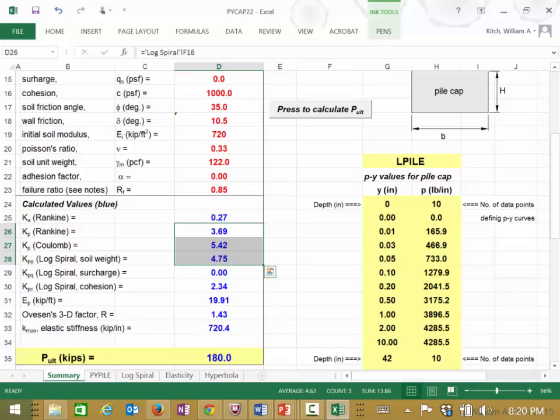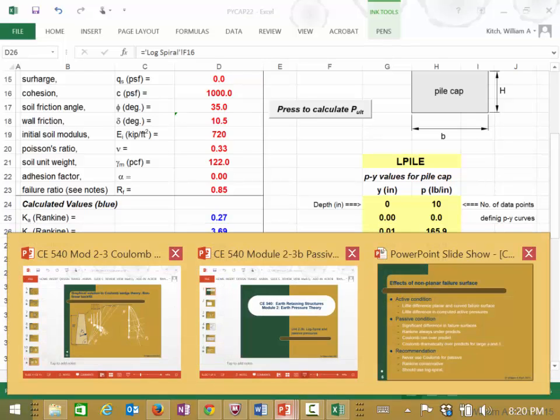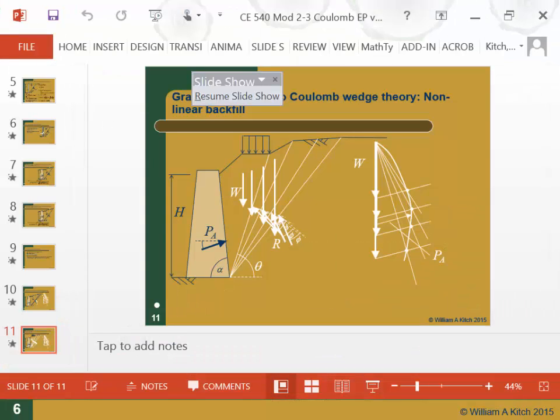This is only good for vertical faces and horizontal surfaces, but that'll cover a lot of cases for you, particularly for retaining walls.